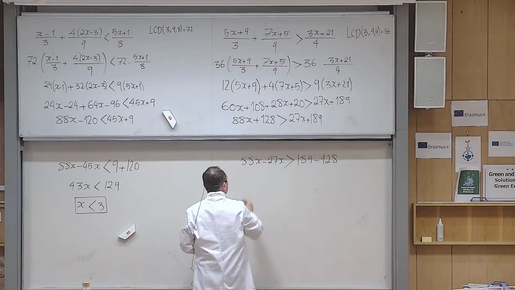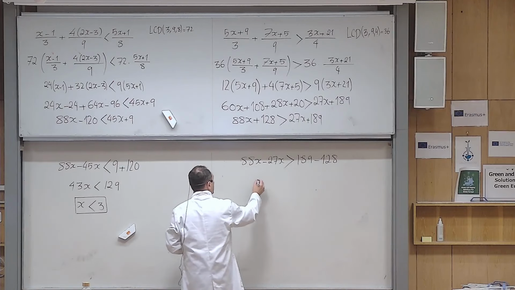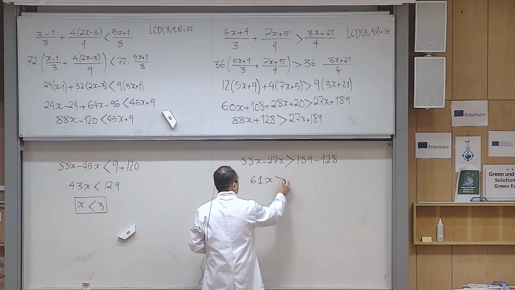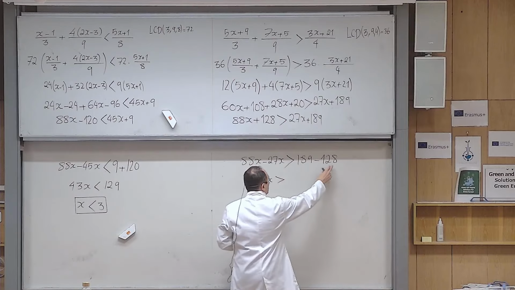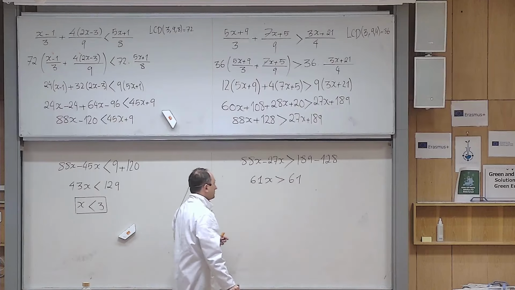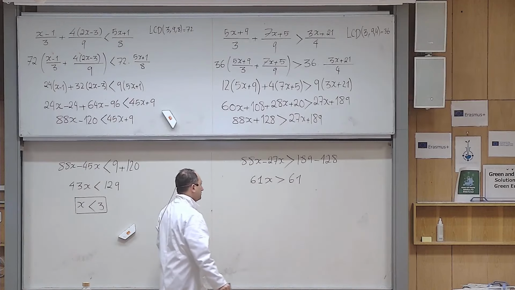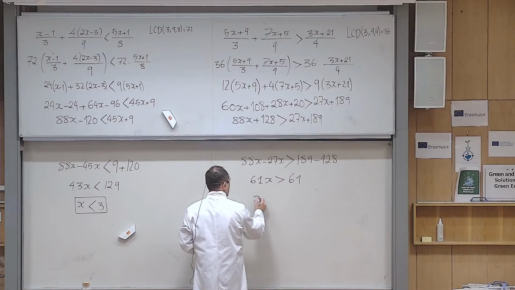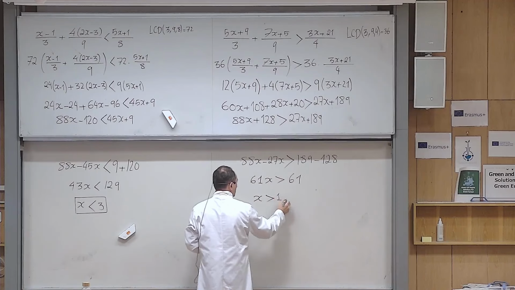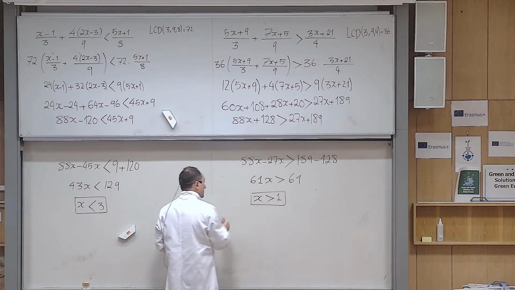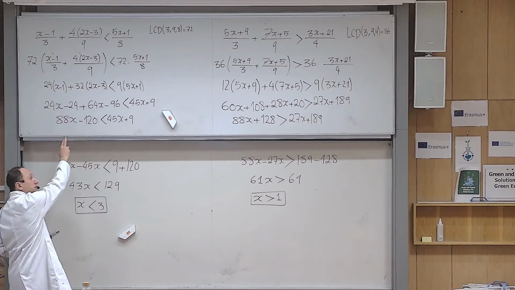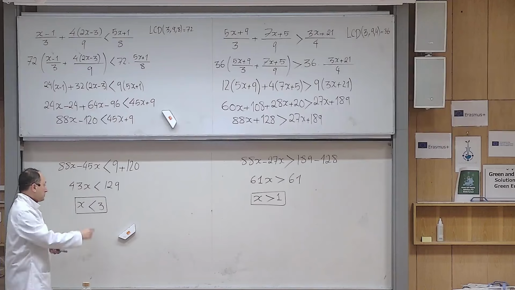And now if I ask you what this is, this is just 1 and 6. 61x is greater than, this becomes 1 and 6. 61 again. Very good. So I divide everything by 61 to isolate it, and 61 is positive, so I don't have to be worried. Okay, so if I want to satisfy only this inequality, I have to respect this condition.